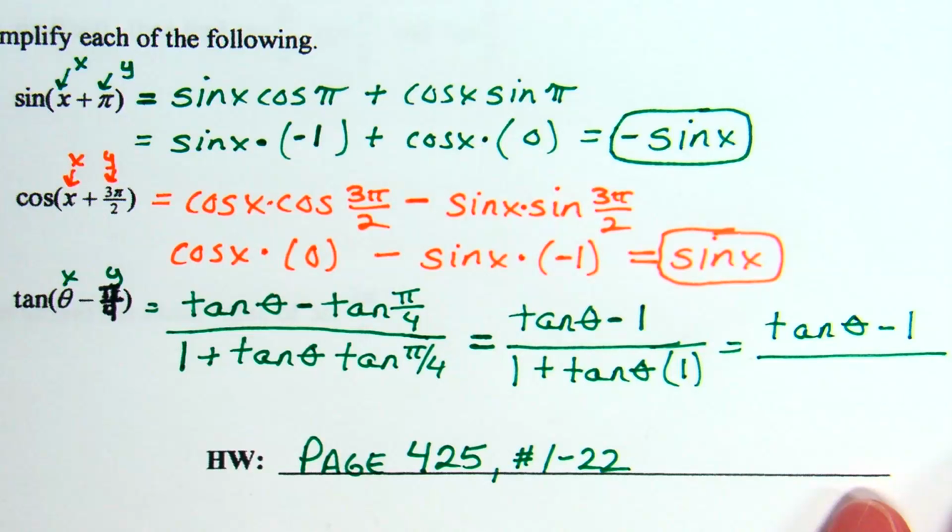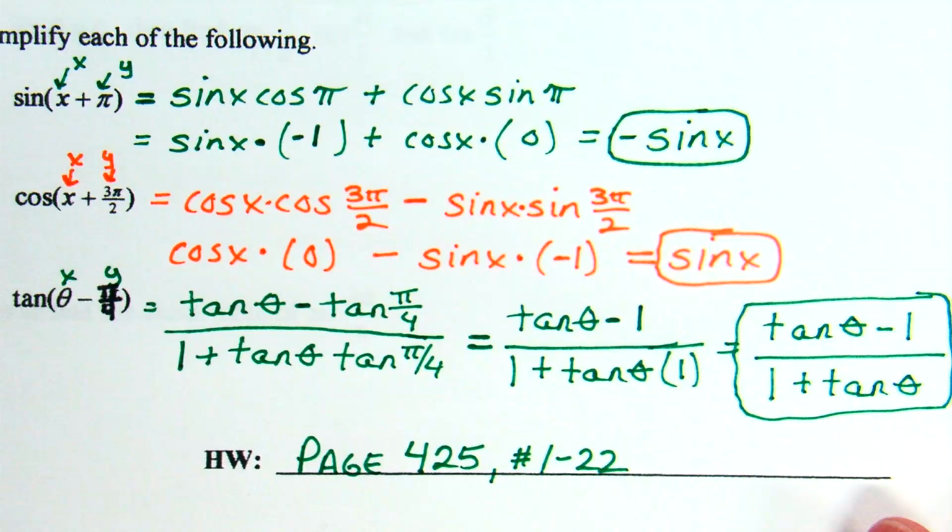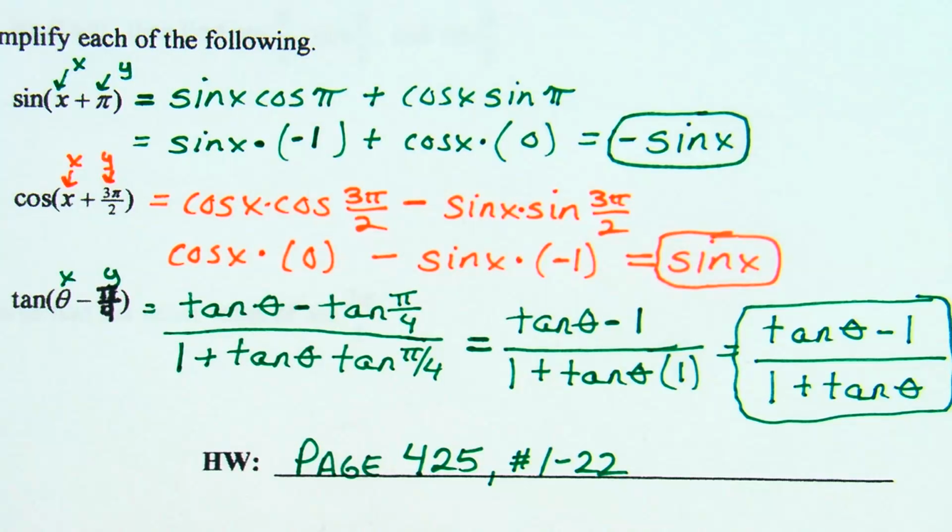So my numerator is going to be tangent theta minus 1. In the denominator, you could say 1 plus tangent theta, or you could say tangent theta plus 1. We can't really change the numerator around, but we could change the denominator around if you wanted to.